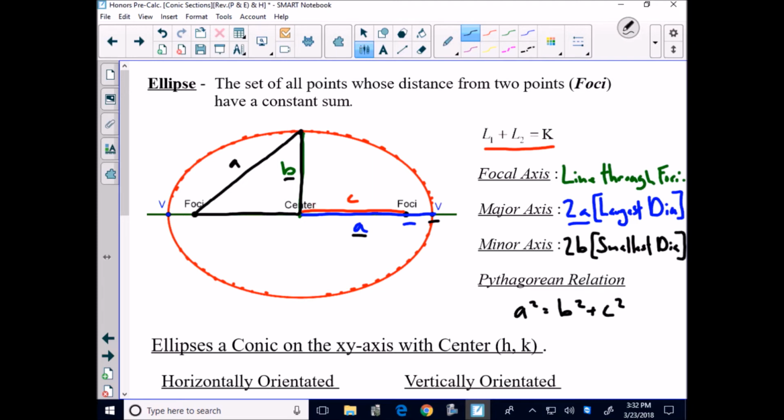And right here we have a Pythagorean relation with lengths c, b, and a, where the hypotenuse of the right triangle within the ellipse is the length a, and the two shorter sides are b and c. And that gives us the Pythagorean relation for the ellipse as a squared equals b squared plus c squared, right? And we're going to use that to help us find the dimensions of our ellipse when we're graphing it on the xy axis.